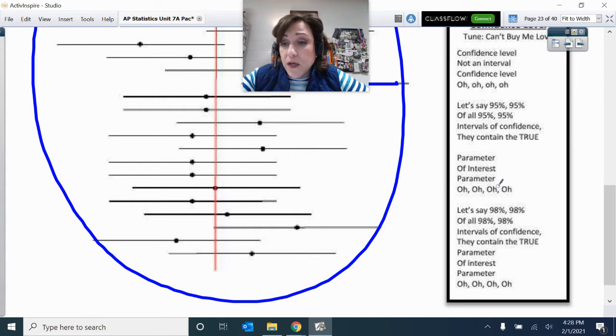Okay, so then again, you can do whatever numbers. If you have a 98% confidence interval, then you're going to say about 98% of all the 98% confidence intervals will contain the true parameter of interest.